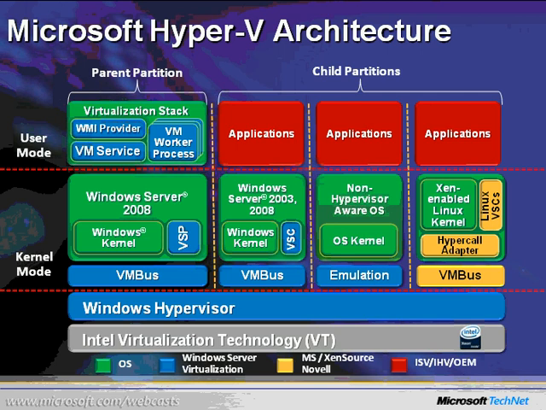That activation takes place inside your BIOS generally on your servers. We'll talk about that in a little more detail as to the specific components that need to be turned on to activate Intel VT. On top of the hardware is where the Windows hypervisor sits.